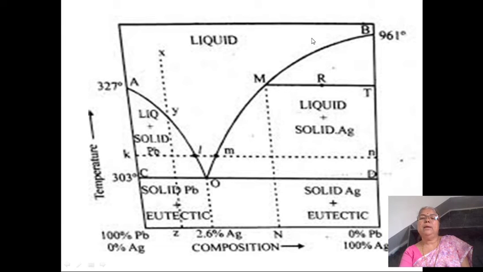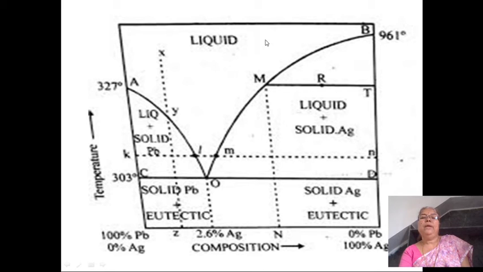Those two phases are solid Ag and the molten mass of Pb and Ag. Then by the application of the phase rule, the curve is univariate.